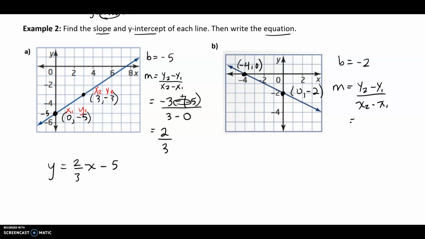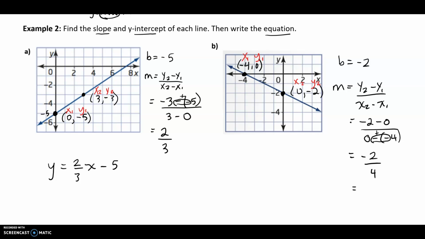So I'm going to label x1, y1, x2, y2. So for y2, that's -2, subtract, y1 is 0, x2 is 0, subtract, x1 is a -4. So -2 minus 0 is -2. Let's remember that 2 negatives make a positive, so that's a +4.